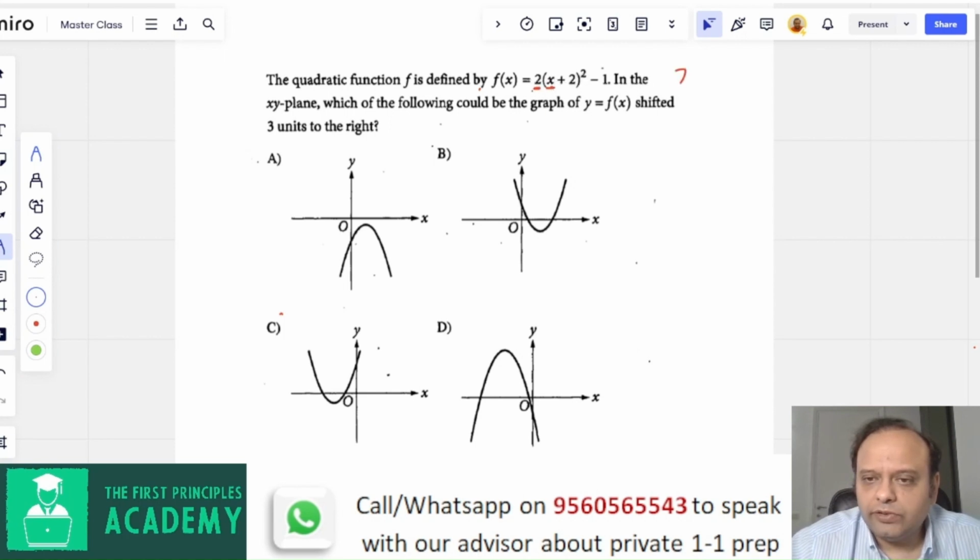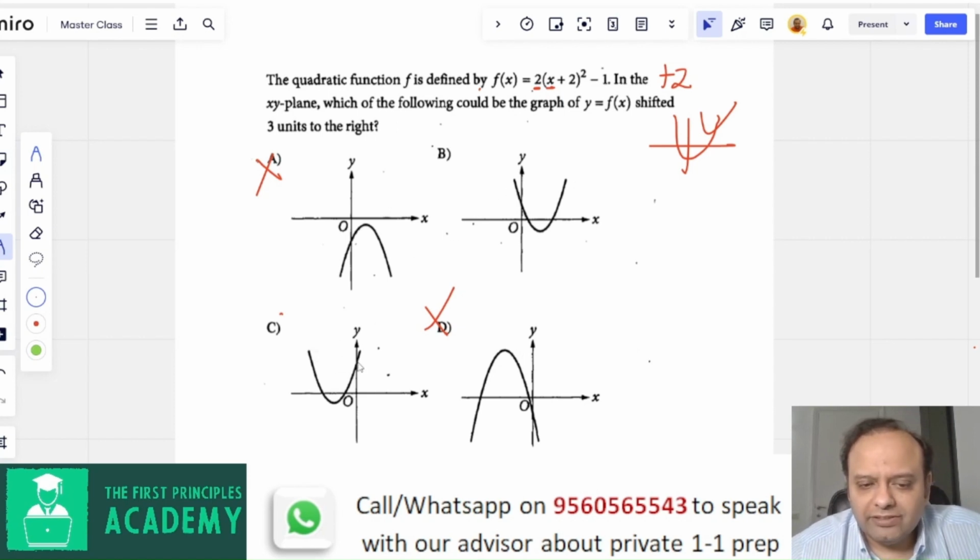So the a coefficient is actually positive 2. And as we just discussed, the graph, even if it is shifted to the right, will continue to open upwards. So even if this were the graph or this were the graph, and they are shifted to the right, they will continue to open upwards. So very clearly we can cross out a and d. Now it's really between b and c.